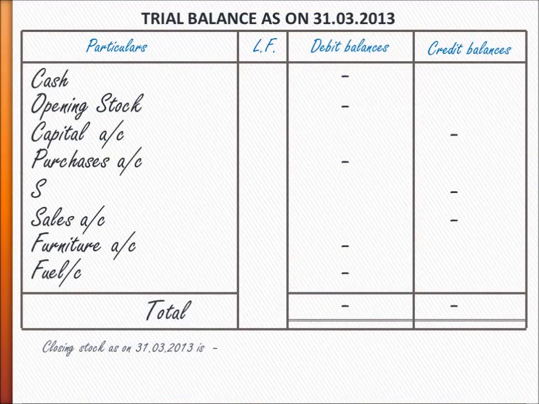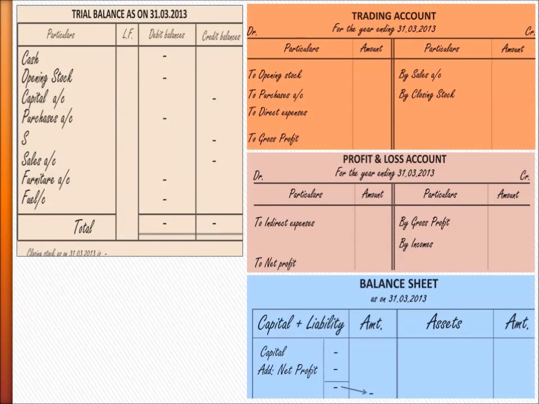One thing more: final accounts are always prepared when the trial balance is prepared and the trial balance is balanced, I mean the totals on both sides are equal. So when we prepare the final accounts, we'll take all the items from the trial balance. Trial balance items will start going to the final accounts either on the debit side or on the credit side.